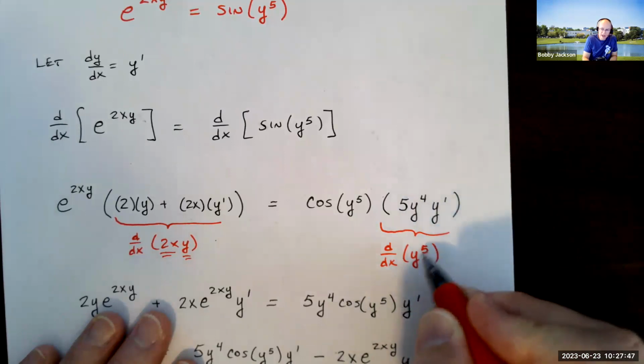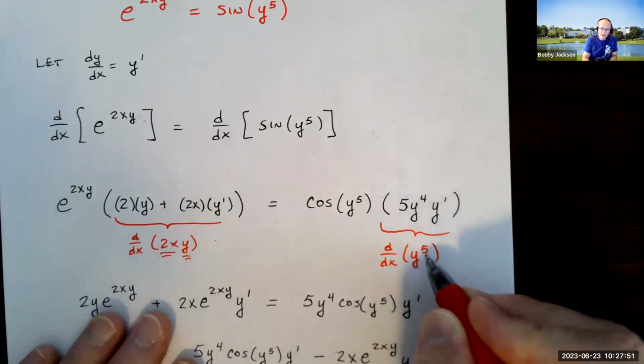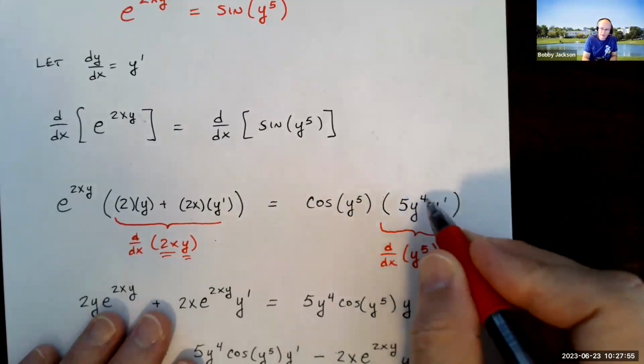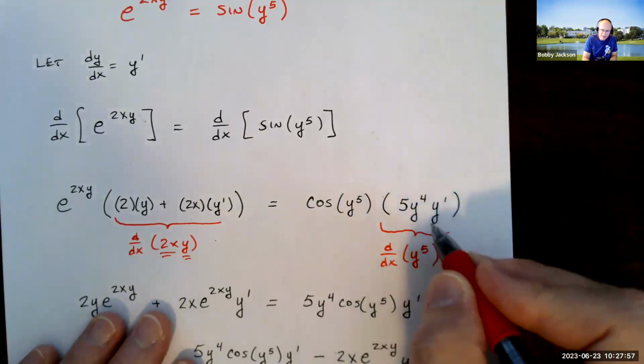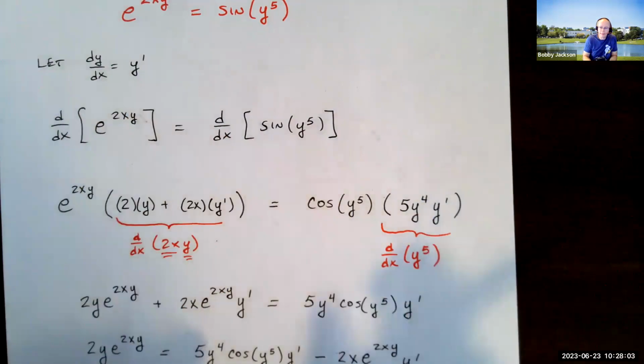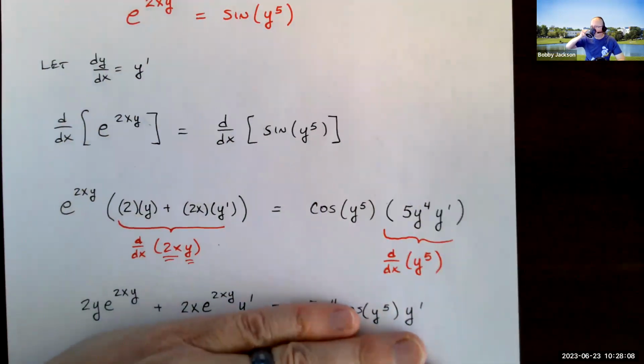So this is a chain rule again. Inner function is y, outer function is y to the fifth. Derivative of the outer function, power rule, bring the 5 down, y to the fourth, times the derivative of the inner function, and the inner function being y, its derivative is, again, y prime. Okay, so that's a lot of stuff going on there.